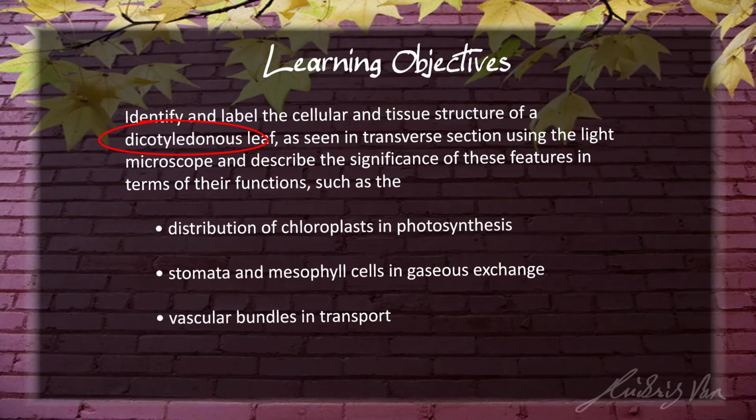So don't worry about the word. It is just there for technical reasons. If you see the word dicotyledons, you can just skip and answer the question as per normal, as how you would answer if you see a question about a leaf in your mid-year or prelim paper.